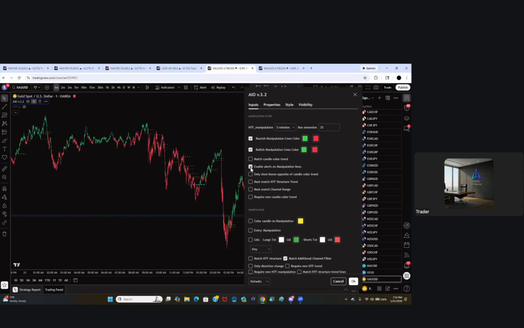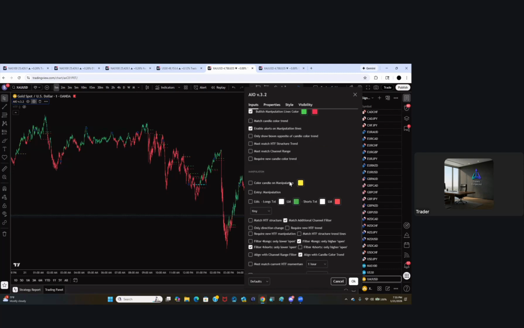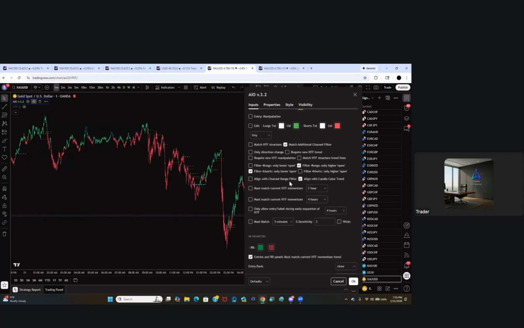I have this box turned on, enable alerts on the manipulation lines. So very important, what you have to do is make sure that box is checked on. Then after checking that box, go set up your alert, okay, to get alerts. And then other than that, these are the 4 options I have checked on the manipulation lines.